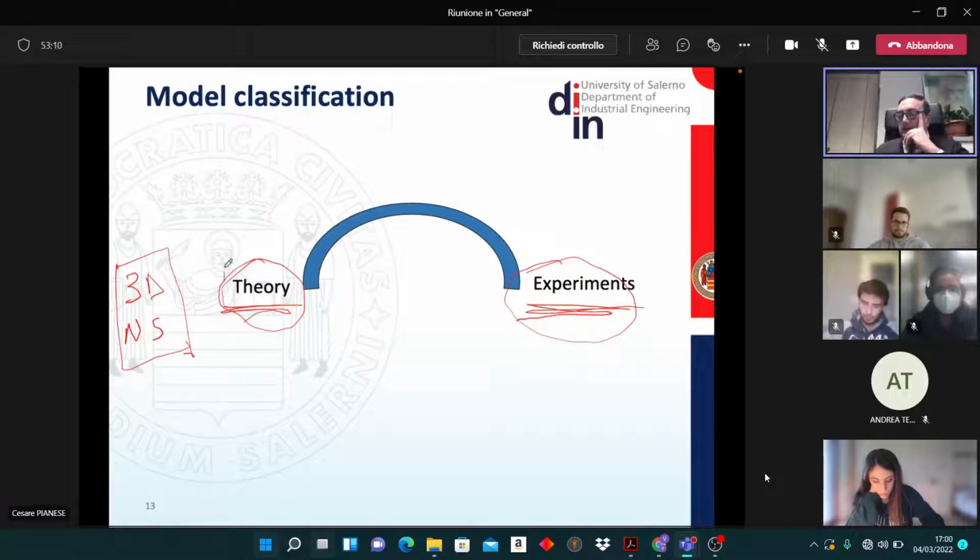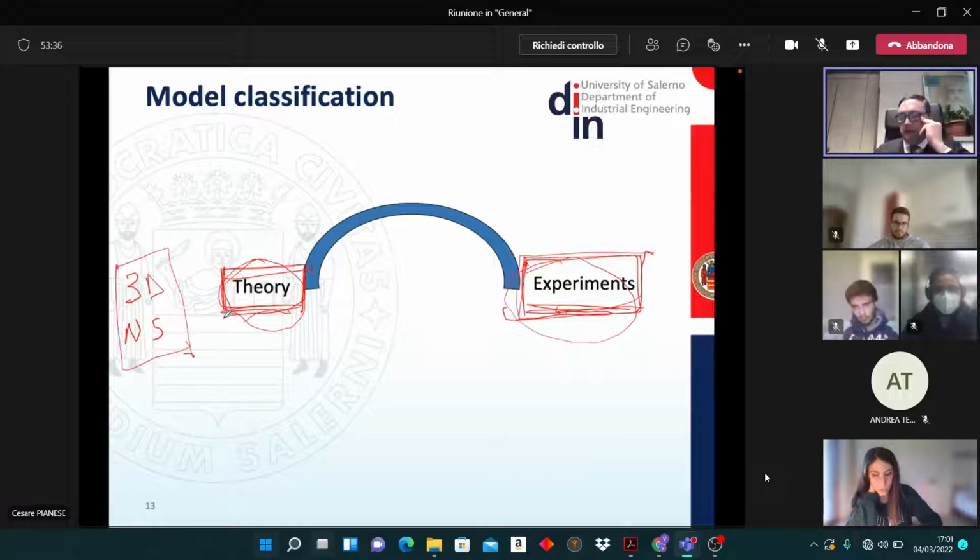Here you should solve and integrate complex equations. Here you must put in place experiments, cost, people, treating data, and so on. Then you build your model on experiment without theory, and here you build your model without experiment.